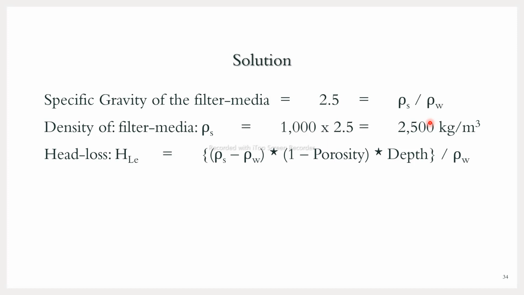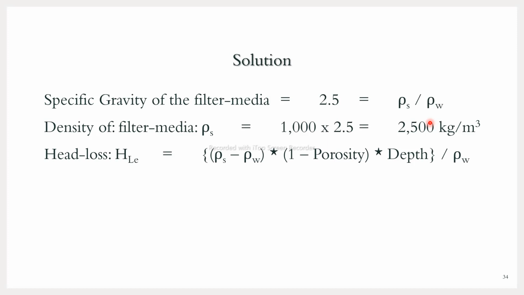So water itself has a certain weight, right? And the filter media, the SG, that is the specific gravity. This is basically the ratio, a comparison between the two densities. So it has a certain contribution to the head loss. But the 1 minus porosity that we are considering, this fraction means the portion of the volume that is occupied by the solids.